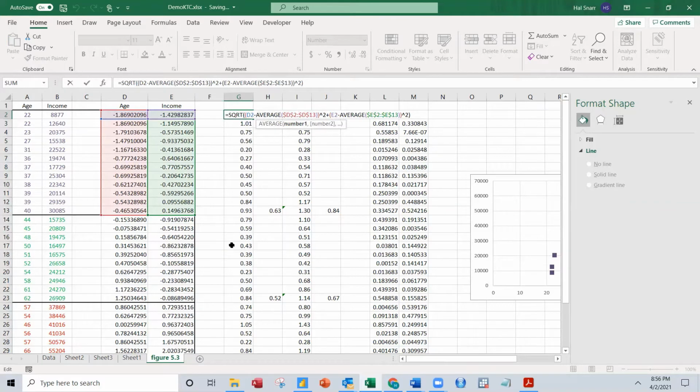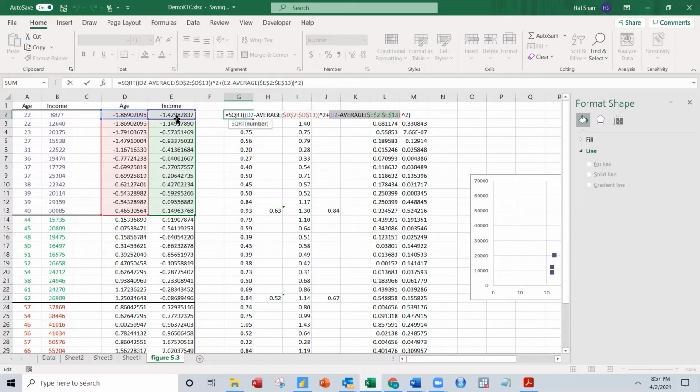The average is what? The average might be close to 0, right? It might be close to 0 because the average of this group is going to be different than the average of the entire series. So you take the difference of this value from its group average, you square it. It's like the Pythagorean theorem, right? A squared plus b squared is c squared. And you do the same thing with income.